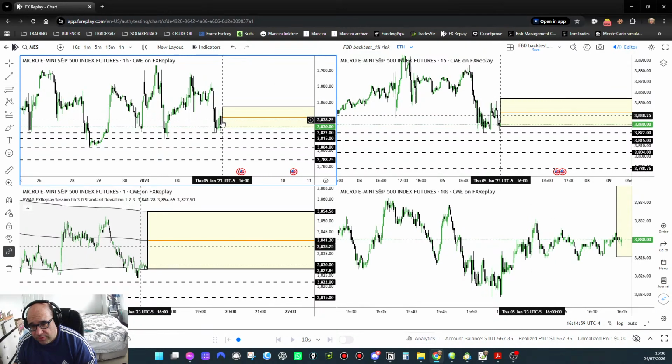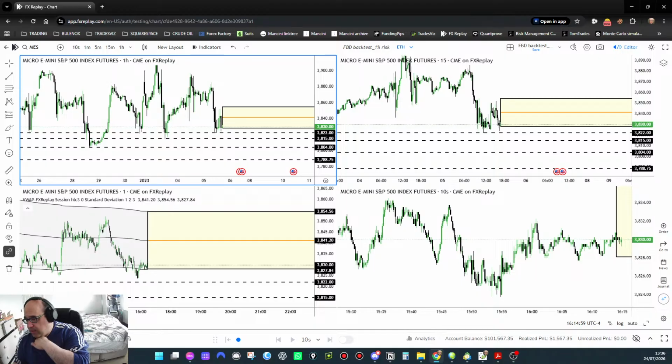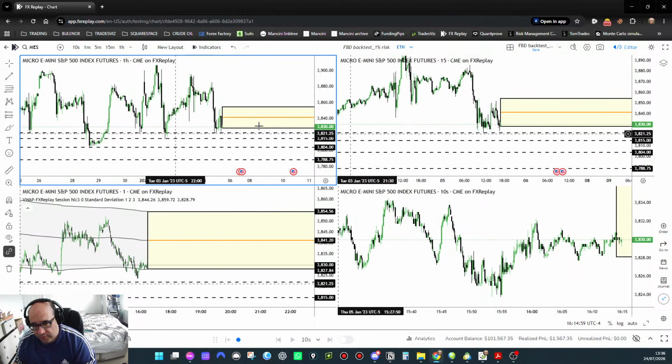I'm at the end of the 5th of January, going now into the 6th of January, Friday. And now I'm just gonna be looking at what the key levels are for this session.